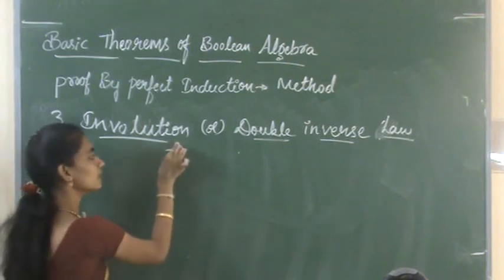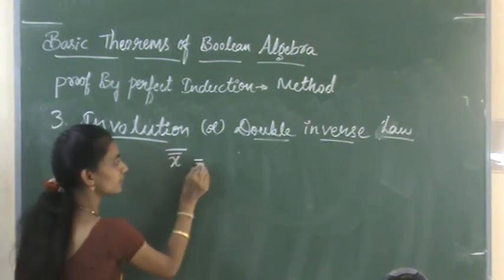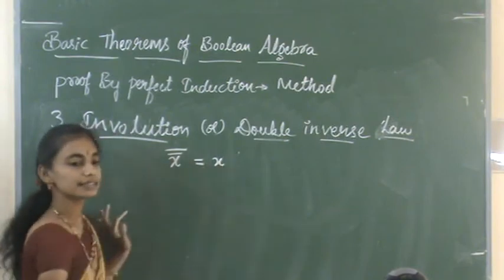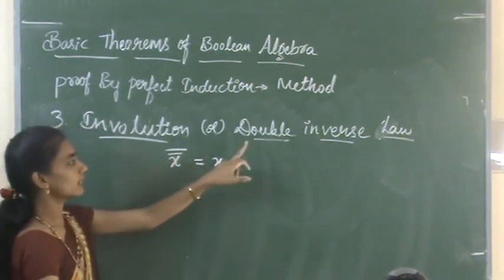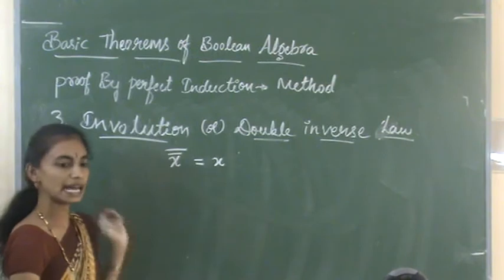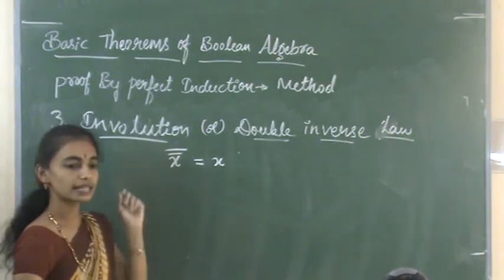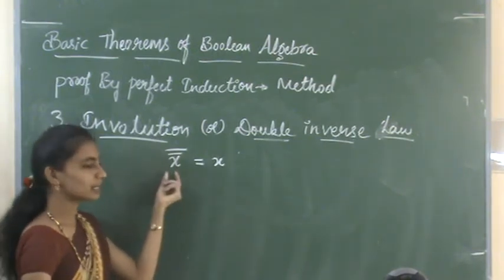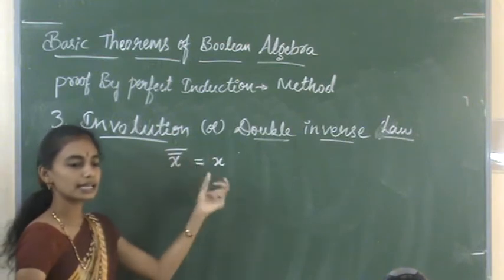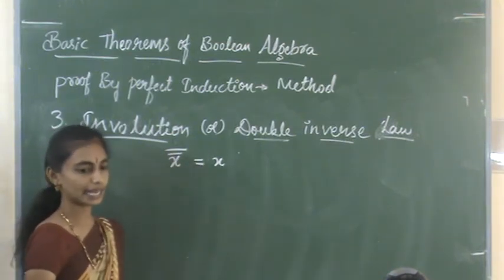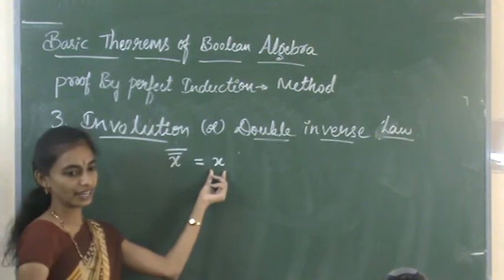So this double inversion will get cancelled and we will get the result as the same variable. So that is the double inversion law or involution law. The involution law states that when the complemented variable is complemented again, we get the same variable.